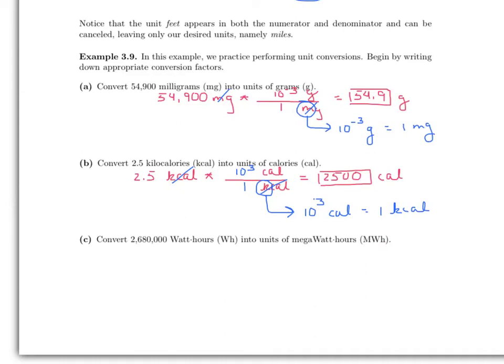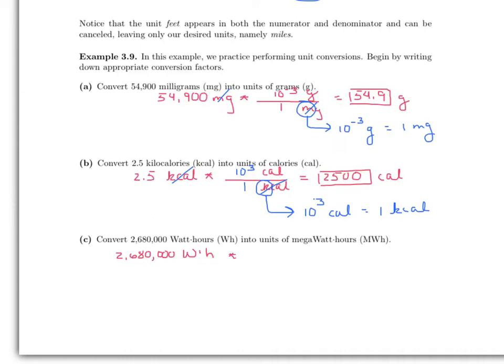Okay, we do this the same way. We start with what we are given. That would be the 2,680,000 watt-hours, and I'm going to use the abbreviated form, and I'm going to write it as W times H, because remember that watt-hours is the product of a certain number of watts and a certain number of hours.